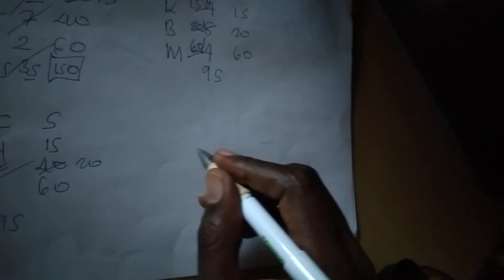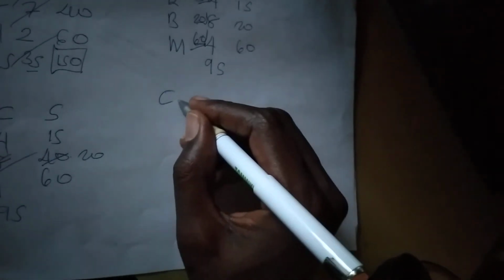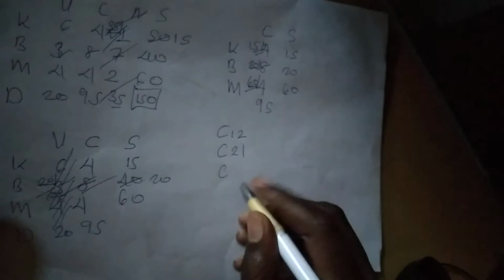So the cells which have allocation is C11, which is here, and then another cell is here, C21.